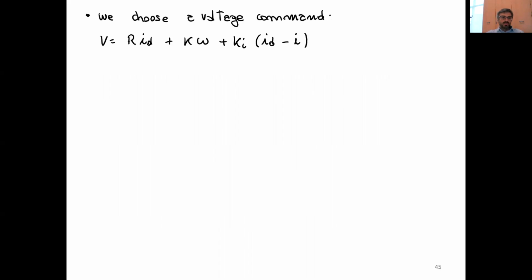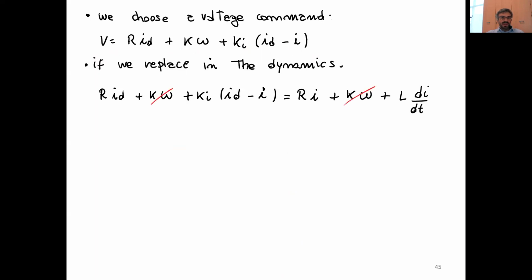How do we choose the voltage to achieve this tracking of the desired current? Let's apply a voltage that has this shape, this formula, and if we replace it in the electrical dynamics, we see that the terms related to the back EMF will cancel out.